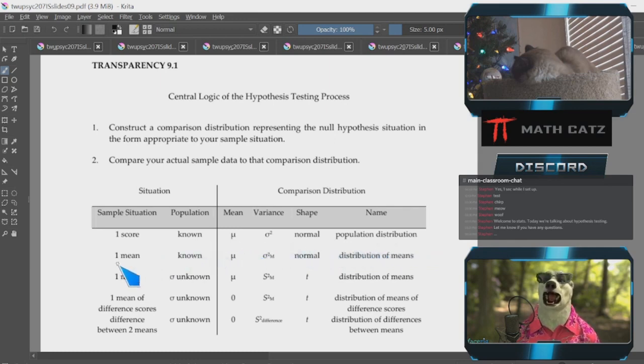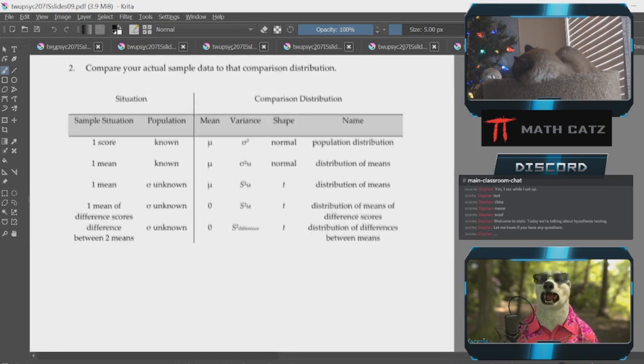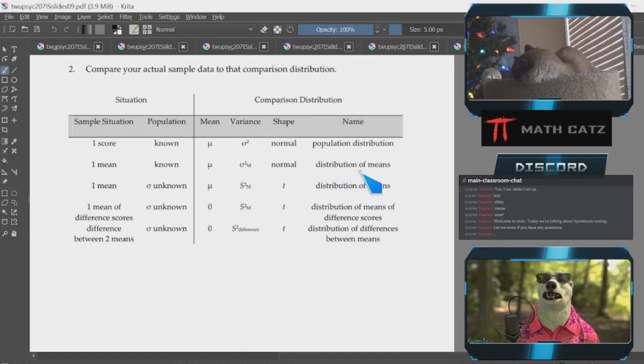Or if I have a sample with more than one score, I'm looking at the sample mean. If I know my population, then I'll know the mean and the variance, but the comparison distribution is the distribution of means, still normal, because I know everything about the population.